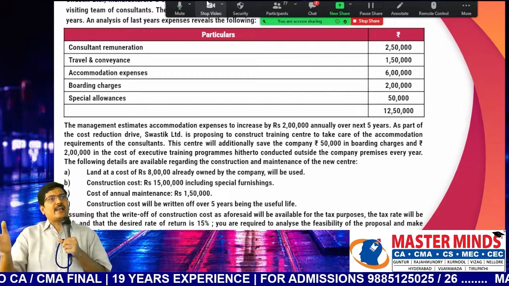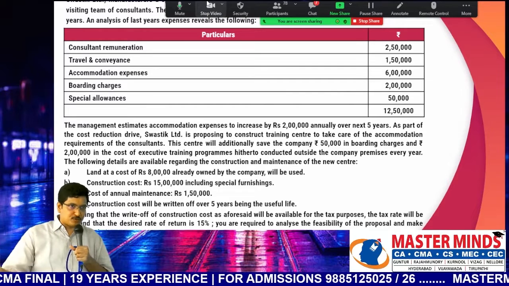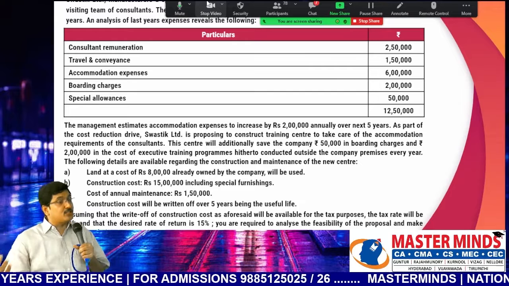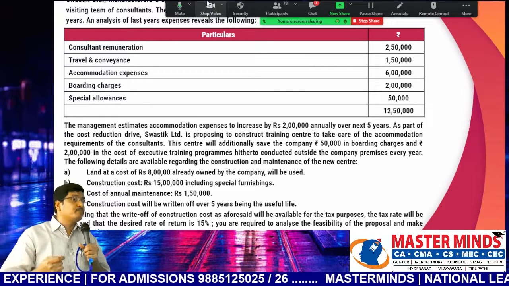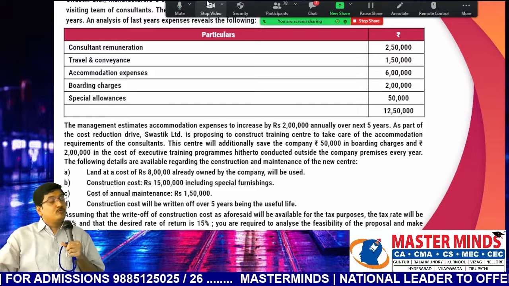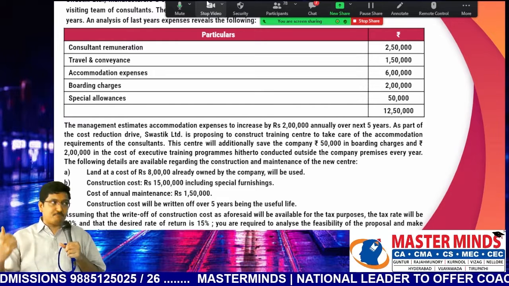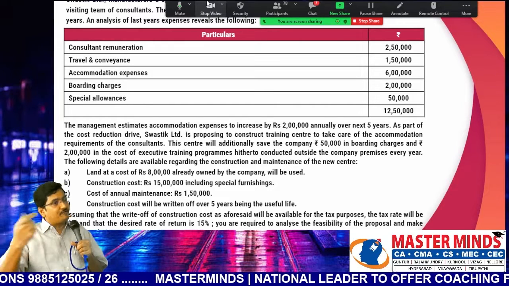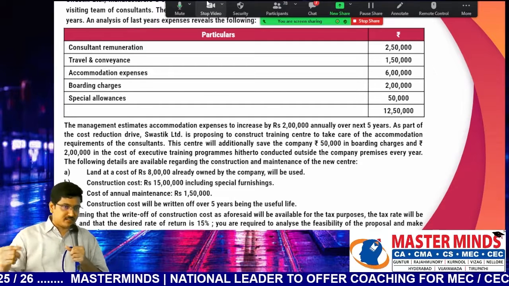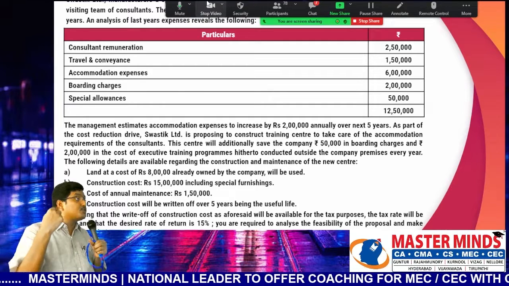Then we will arrive at terminal cash inflows. So when the method of depreciation is changed to WDV, there will be a huge impact on the answer. We need to change the way we compute the depreciation. Automatically CFAT changes. Automatically terminal cash inflows also change. This is how you need to visualize.